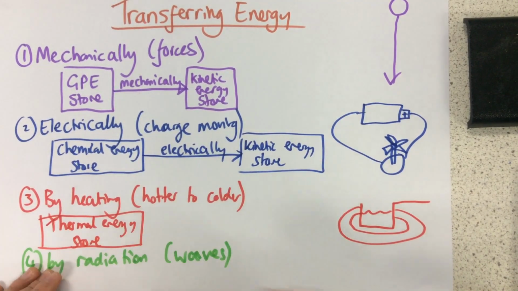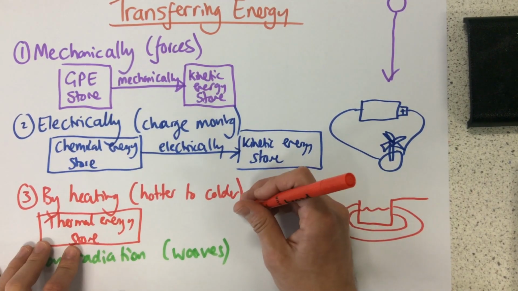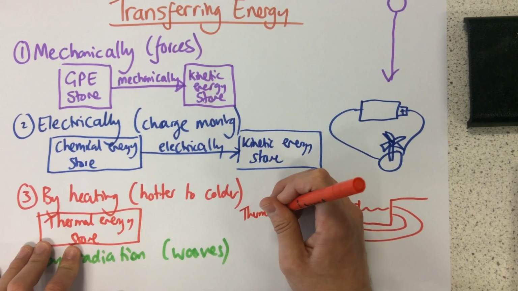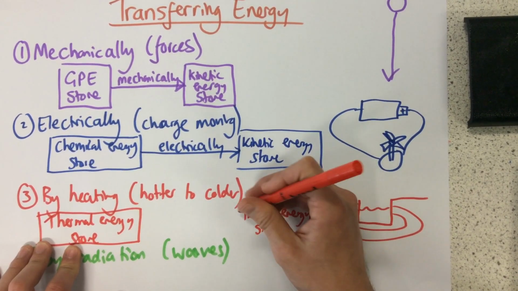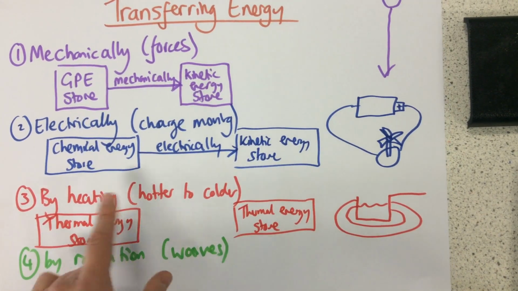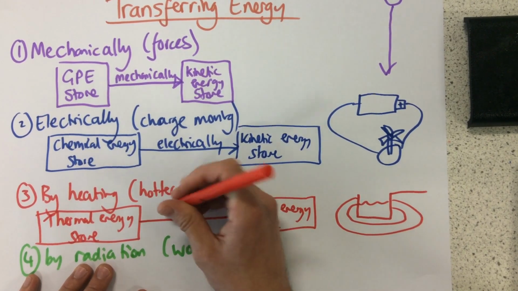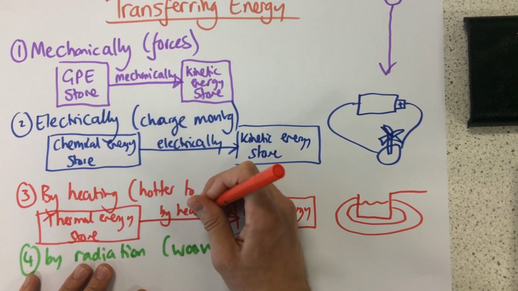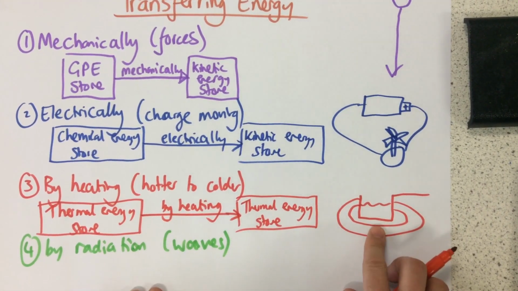Now this often confuses people because we're transferring it into these water molecules here. So we're also transferring it to a thermal energy store. It just so happens it's in a different particular place. So how have we got from this thermal store to this thermal store? The answer is by heating, because we've gone from hotter to colder.